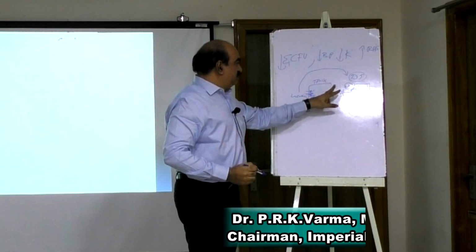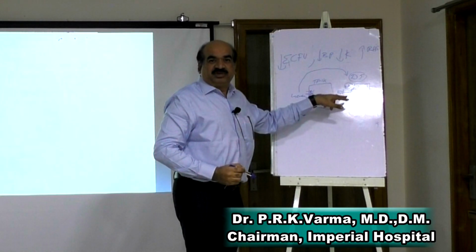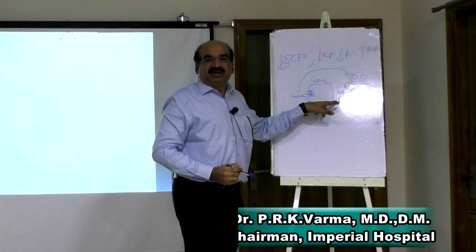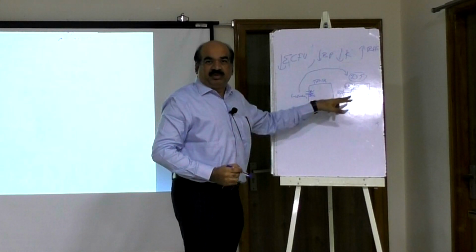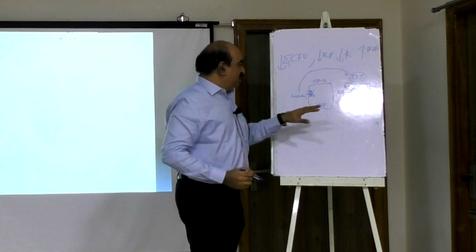Aldosterone causes sodium entry into the cell and potassium and hydrogen secretion. Hydrogen secretion causes alkalosis, and potassium secretion causes hypokalemia.